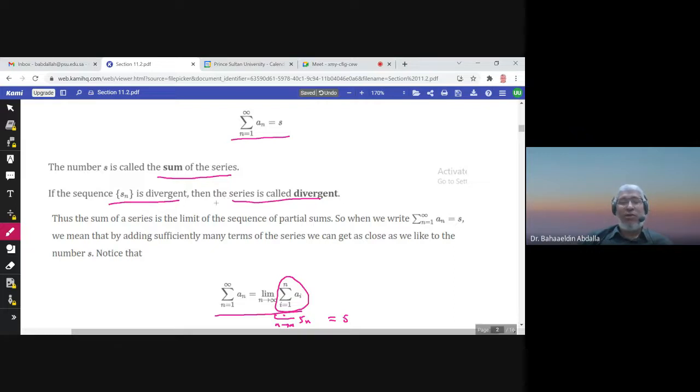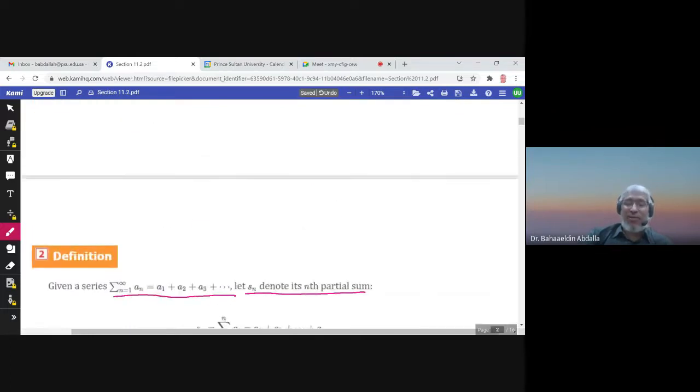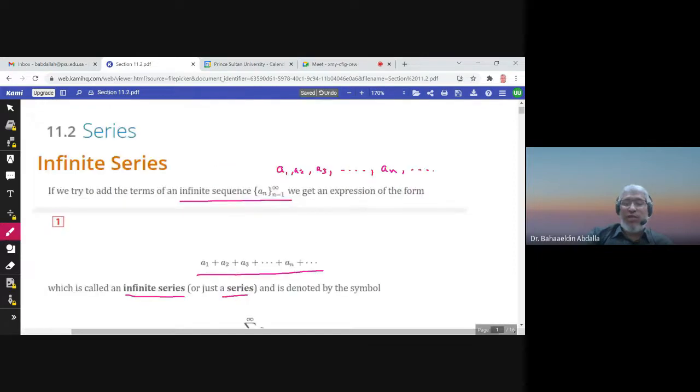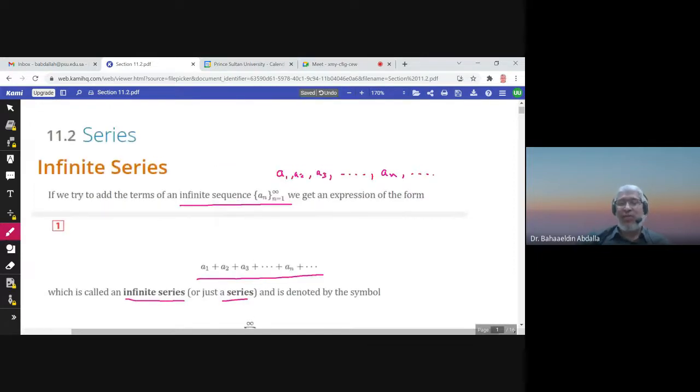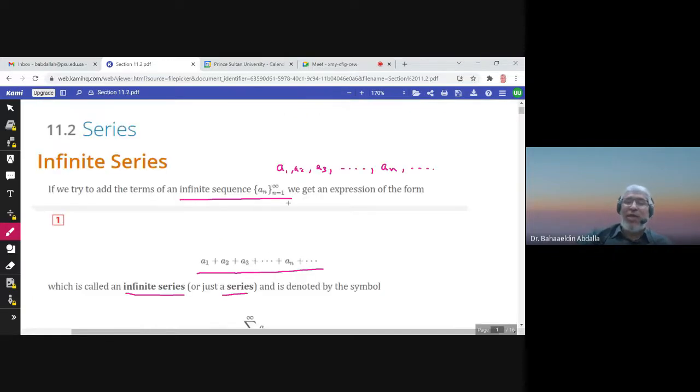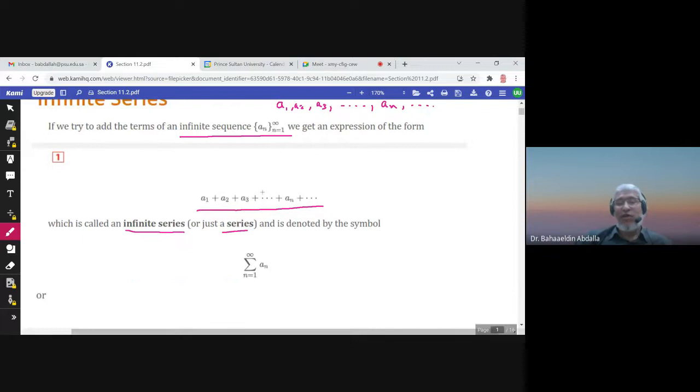So notice that here in this situation, we have two sequences and series. This sequence is the sequence of the terms of the series, the terms. And the convergence or divergence of this sequence has nothing to do with the convergence or divergence of the series.